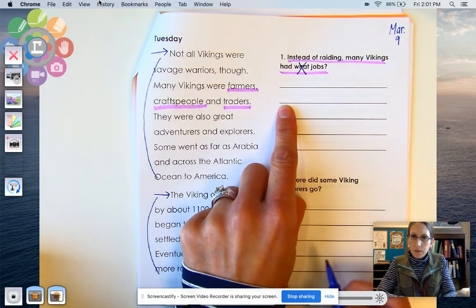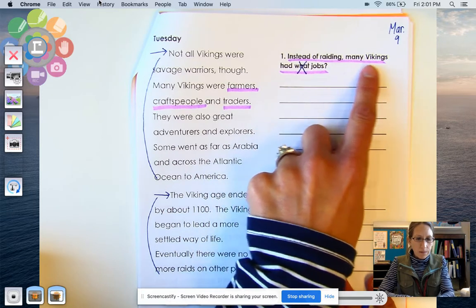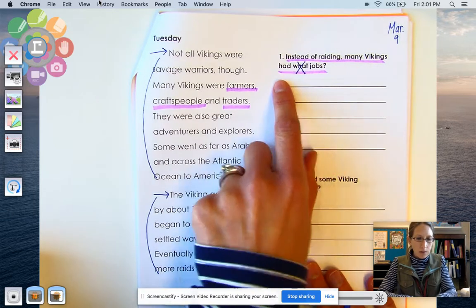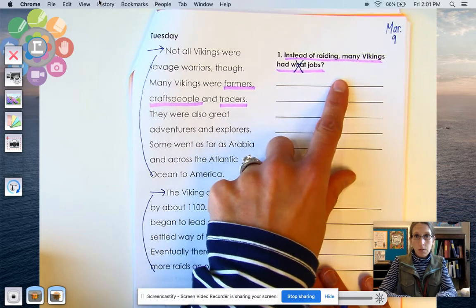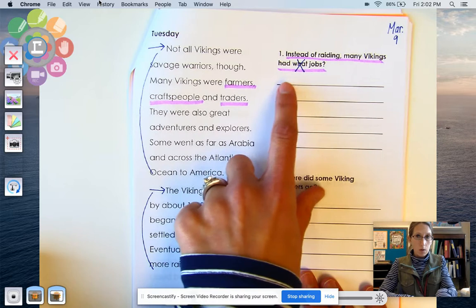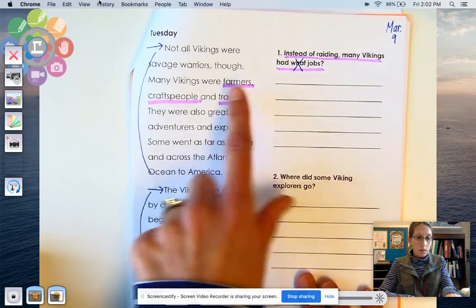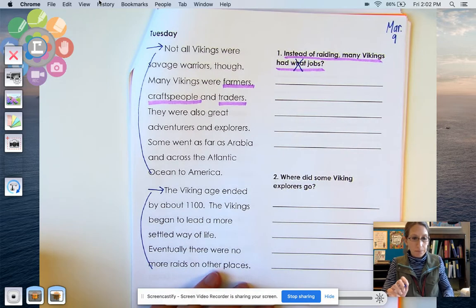And let's see, can we use all the rest of these words? Instead of raiding, many Vikings had jobs. We could say such as or like farmers, craftspeople, and traders, something like that.